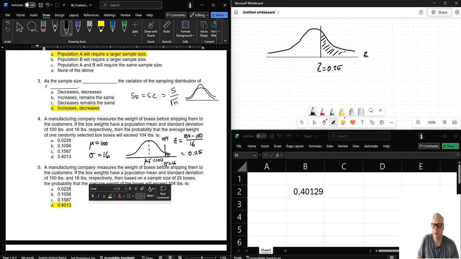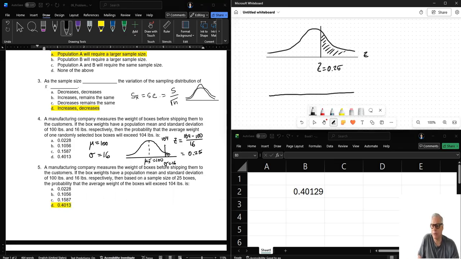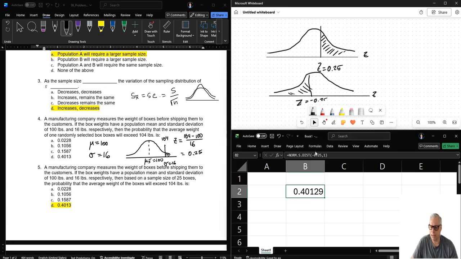And again, what I just did is, the area to the right of 0.25 is obviously the same as the area to the left of a z-score of negative 0.25. So those are the same areas. And again, this formula always gives you the area to the left of a z-score. So if I put 0.25, I would get 0.59.